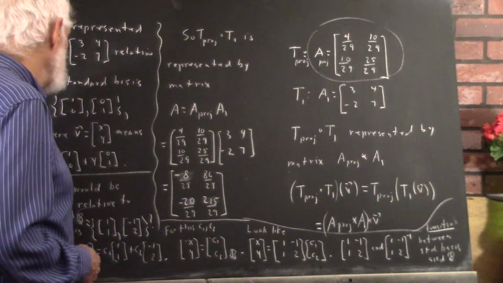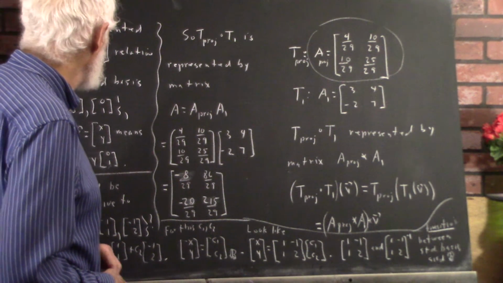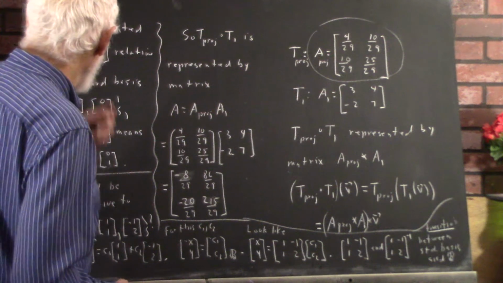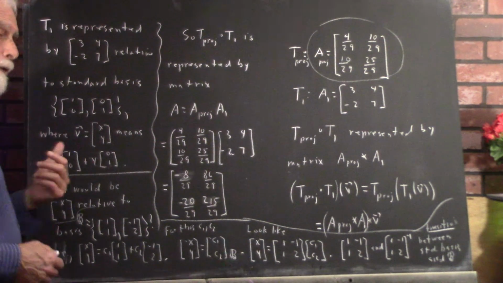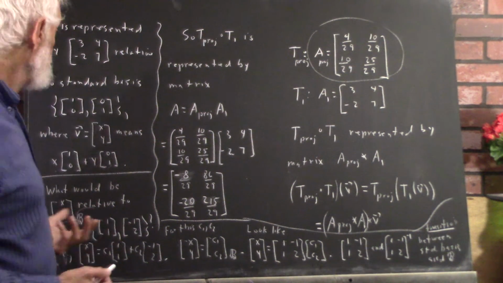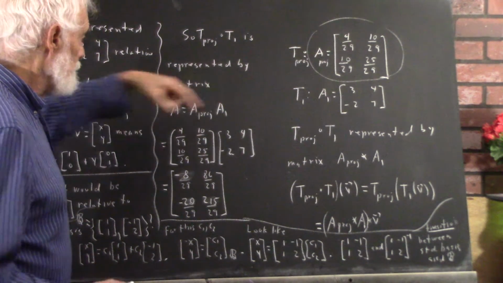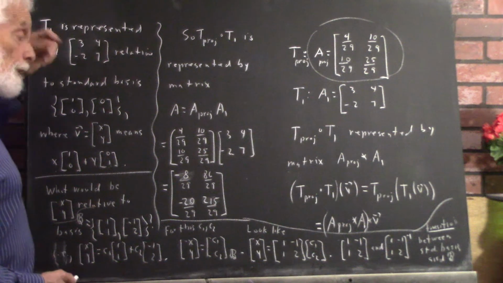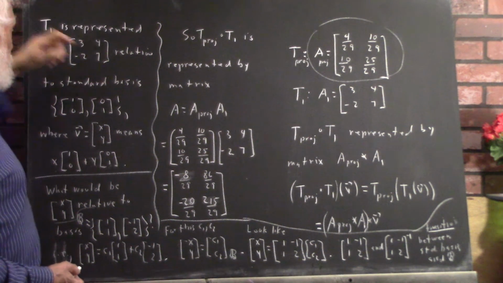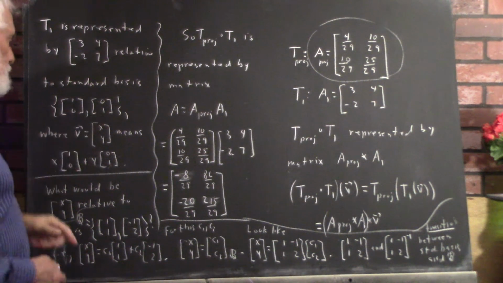Okay. Now, I want to talk just briefly about representation of a transformation relative to a basis. When you represent a transformation, let's just take this one, T1, by this matrix, that would be relative to your standard basis.